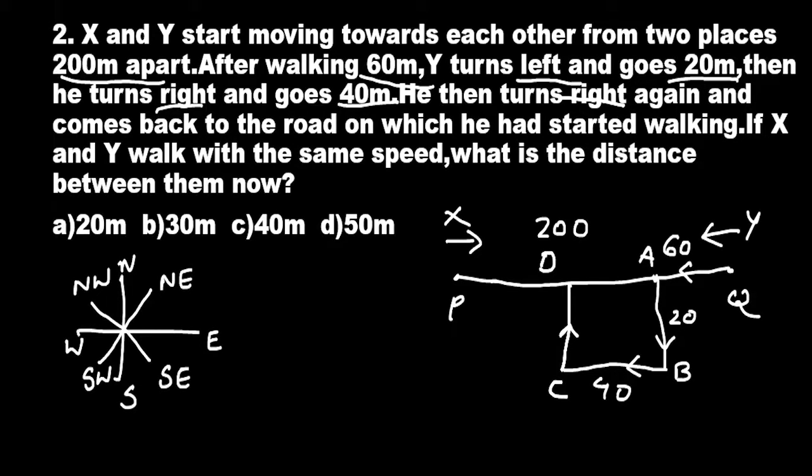After walking 60 meter, Y turns left and goes 20 meter, let the point be A. From A he turns left towards B up to 20 meter, then he turns right and goes 40 meter up to C, and from C he turns right again and comes back to the road at the point D. We have to find the distance between X and Y. We know that AD is equal to BC, that is 40 meter.